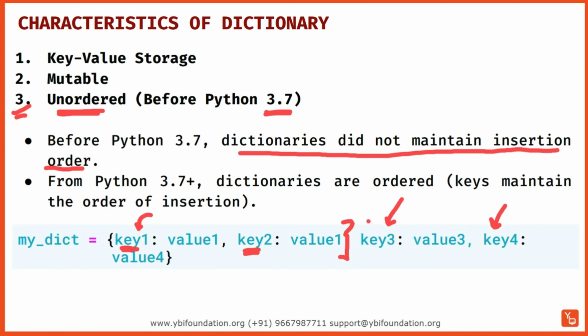Before Python 3.7, no order is remembered or maintained by the dictionary. But after 3.7, the dictionary data structure maintains the order of insertion of the keys. Still, to retrieve the information, we have to use the key values, not the index.